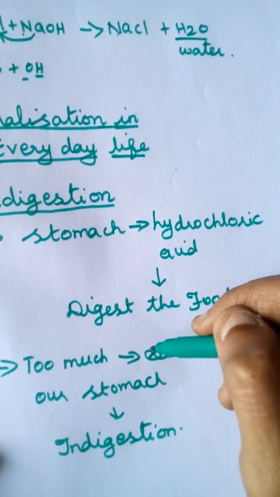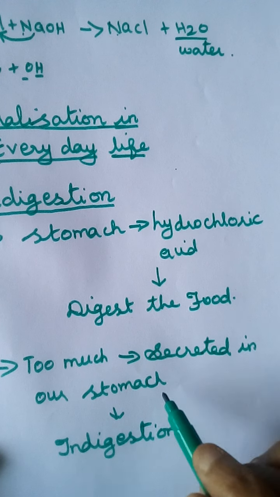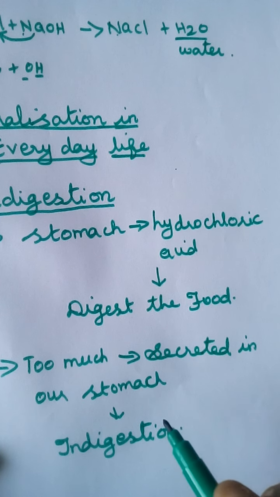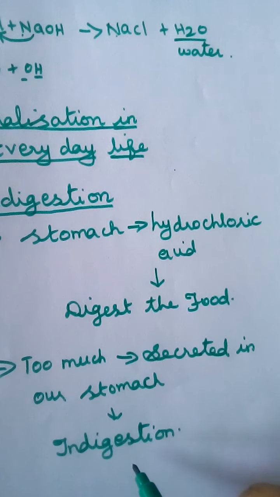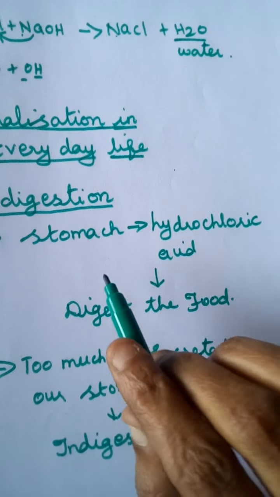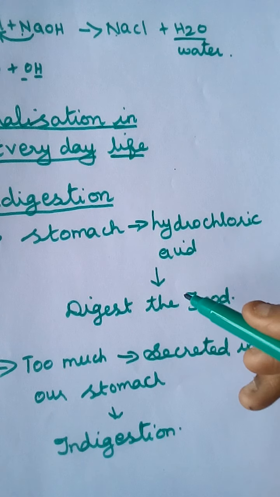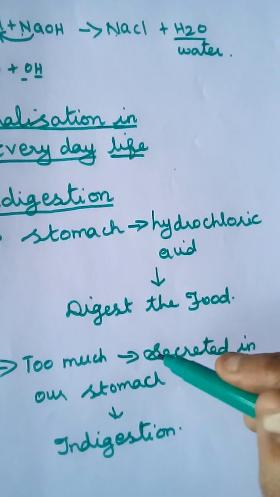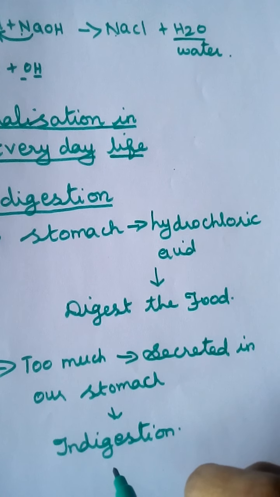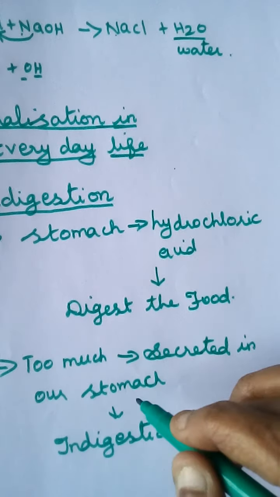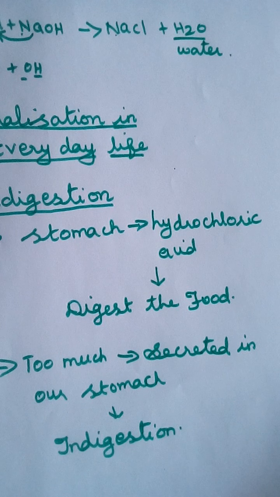But when too much acid is secreted in our stomach, it causes indigestion. When too much food is taken, more hydrochloric acid is secreted, and the stomach causes indigestion.